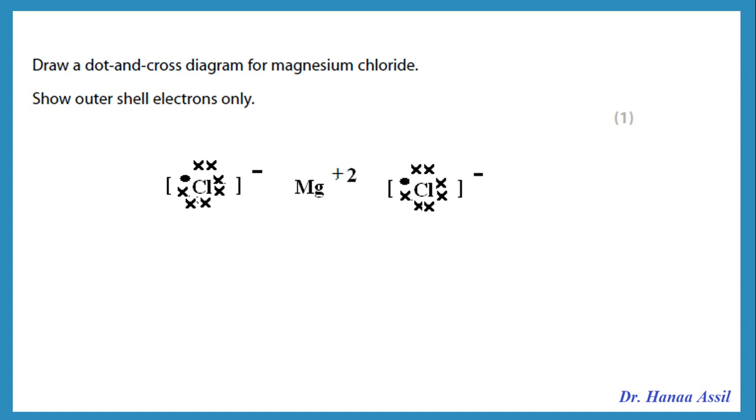And do not forget to write the charges. So the magnesium, when it loses 2 electrons, becomes 2 positive, or 2+. Each chlorine accepts only 1 electron, so it has 1 negative charge.